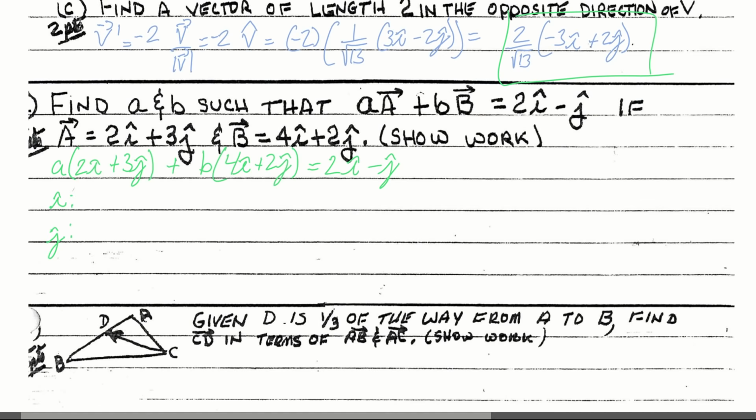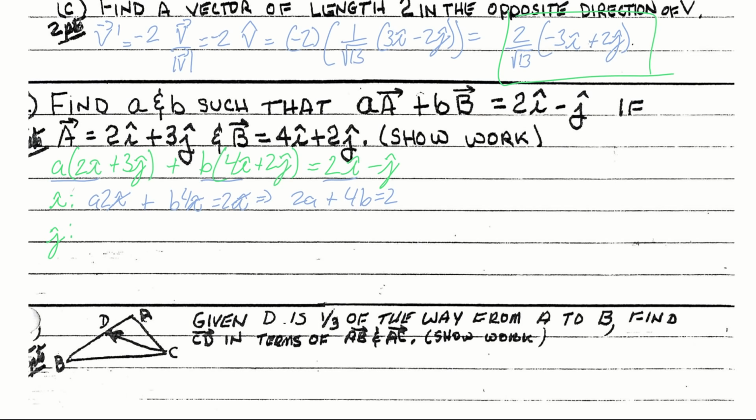Our i equation is going to be a times 2i plus b times 4i equals 2i. Since i's are in common for each of these terms, we can cancel them out, and we essentially just have 2a plus 4b equals 2.